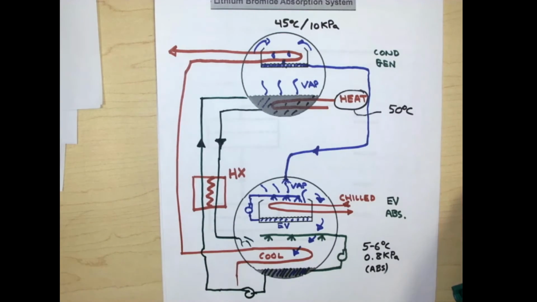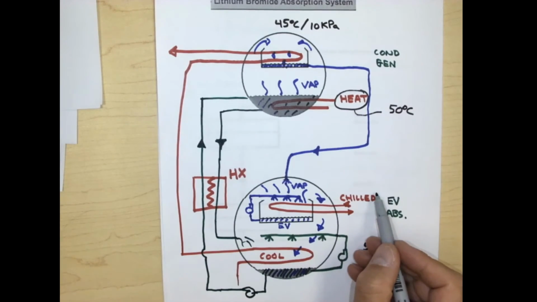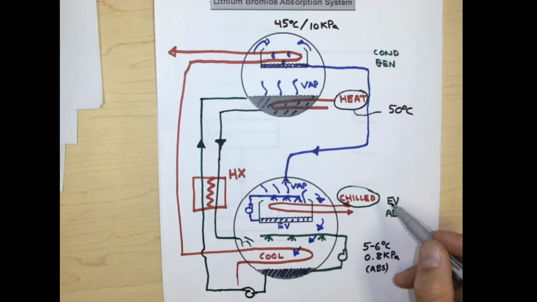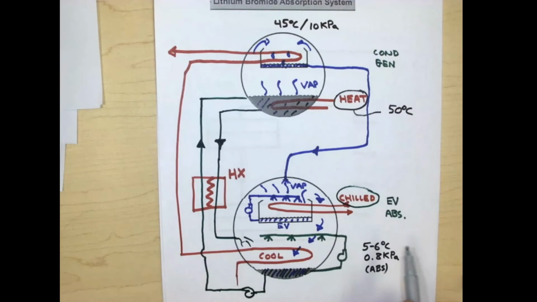Because what happens inside of here is our end goal is the chilled water, and so our chilled water really is just one big system running through the building, supplying cooling to air conditioning units and or industrial process.